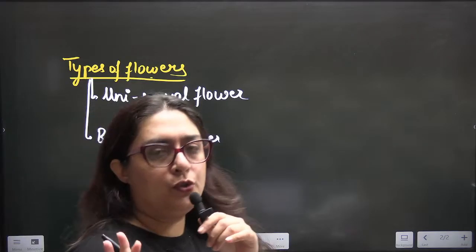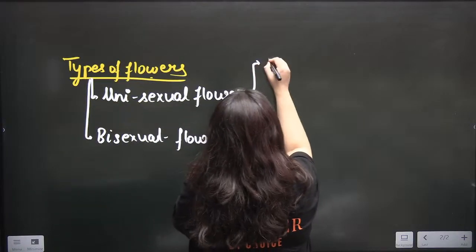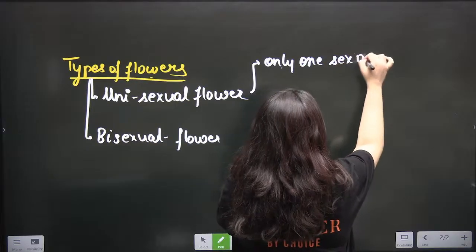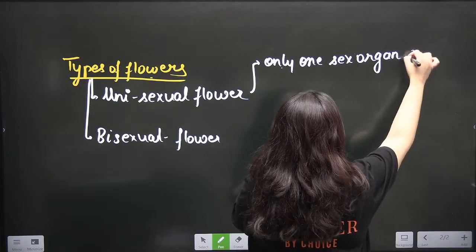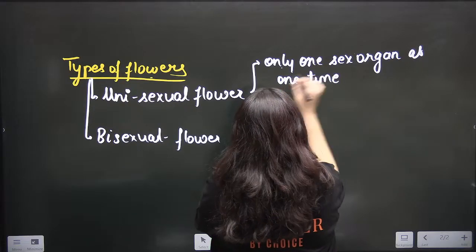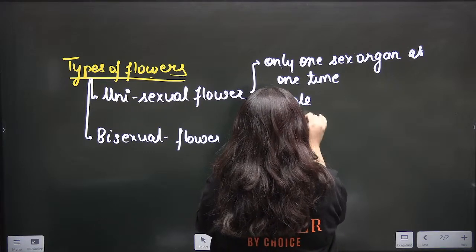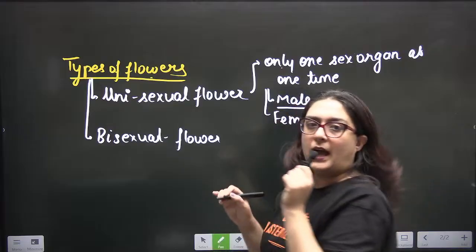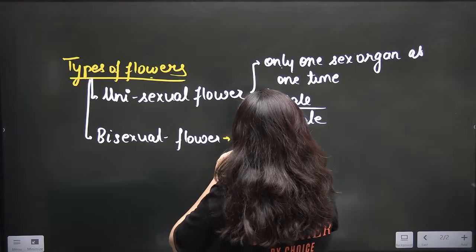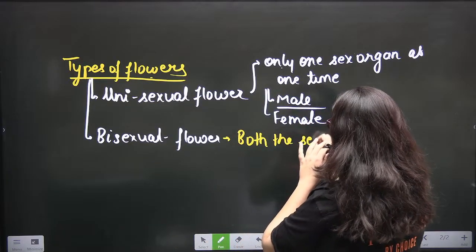Now I'm going to tell you with the definition and the diagram. Unisexual flower has only one sex organ at one time, either male or female. Bisexual means both sex organs within the same flower.